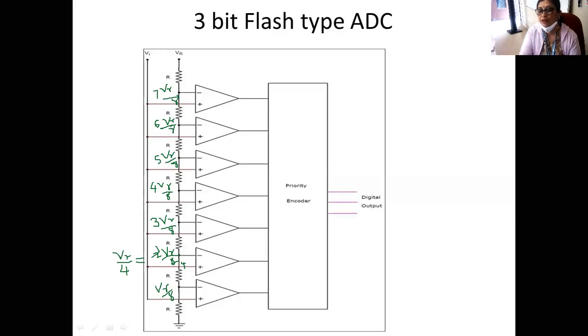Now here you are going to apply the analog input voltage. So this is your input voltage. Simplify all these values: 4 V reference by 8 will be V reference by 2, and 6 V reference by 8 will be 3 V reference by 4.